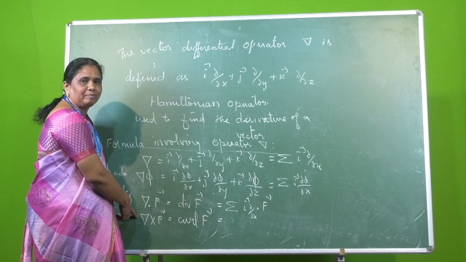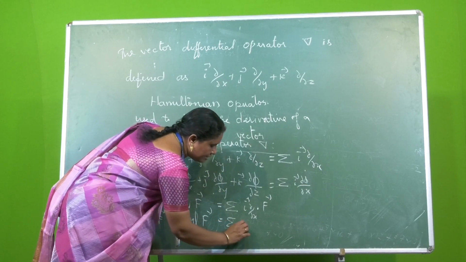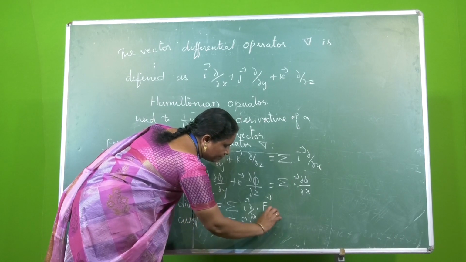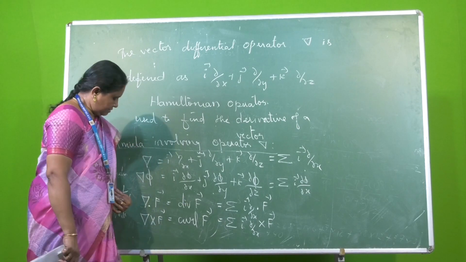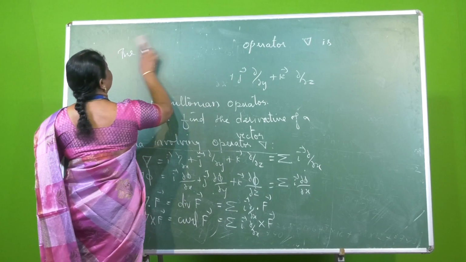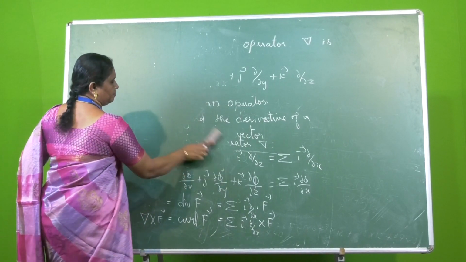Del cross f can also be written as curl f vector, which we can write shortly as summation i dou by dou x cross f vector. So, shortly we can write the terms like this.